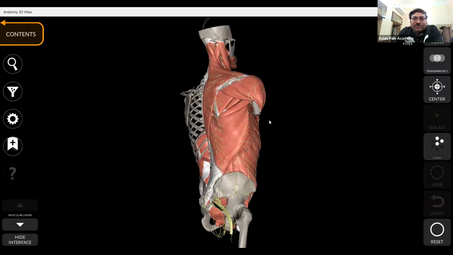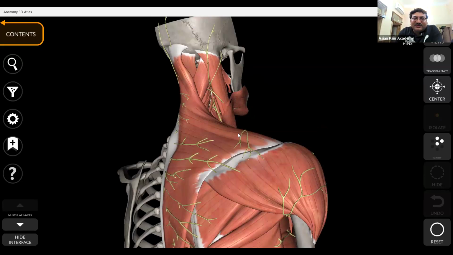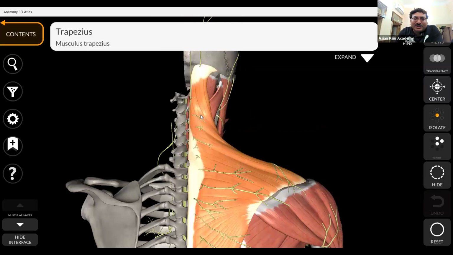So where lies the greater occipital nerve? First, we have to understand the muscle layers. At the top, the muscle is trapezius.